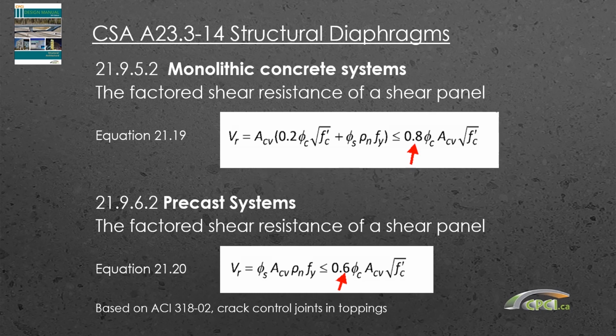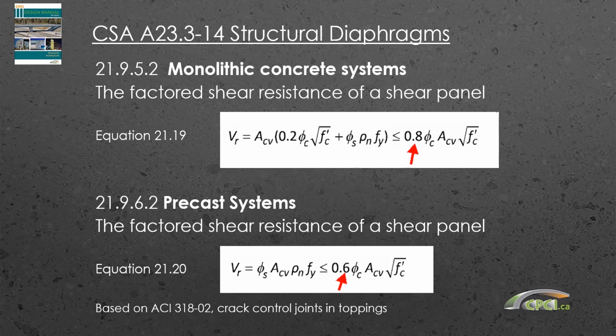And really what's happening here, people are wondering why there are different limits under the clause 21 seismic diaphragm system categories between cast-in-place and precast.